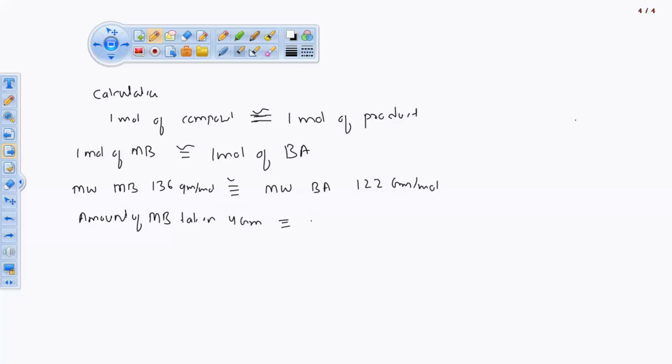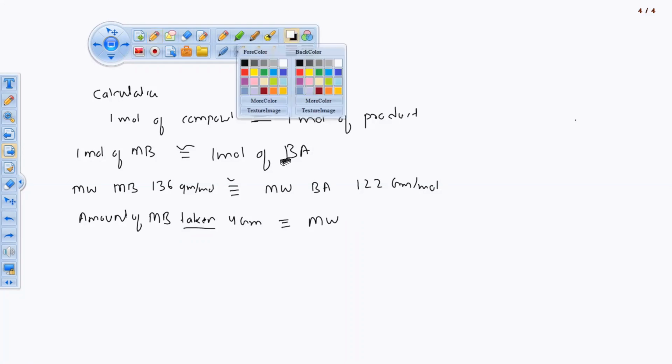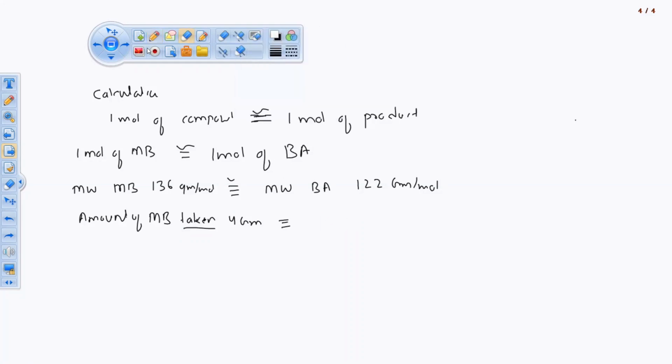This one is the amount taken, हमने जो लिया है, but we don't know how much amount of this product we are getting.